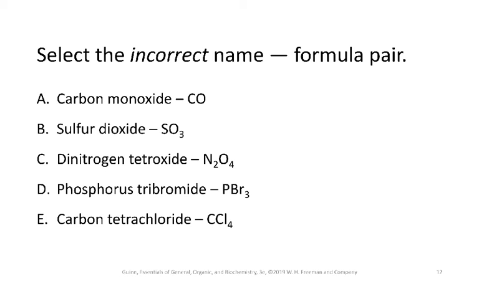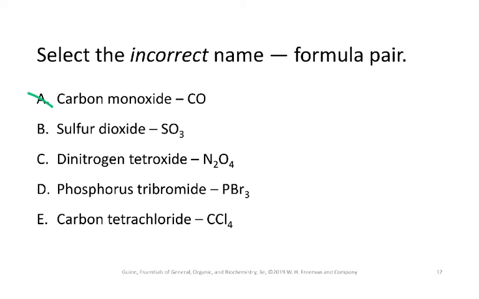Speaking of correctly, here's a multiple choice question. Select the incorrect name, and I'll add in, correct it. Pause and figure out which one of these is wrong and how so. A, carbon monoxide is correct, right?